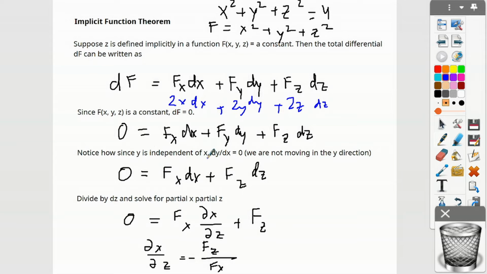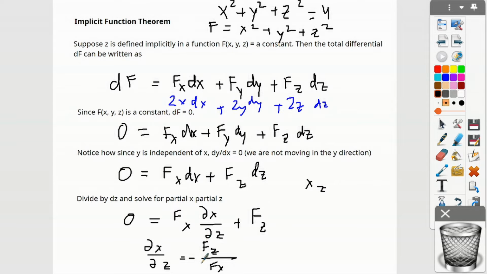y is independent of x, so dy/dx is 0. We're not moving in the y direction. Let's say we're doing x sub z, or I think it's supposed to be z sub x, but whatever.